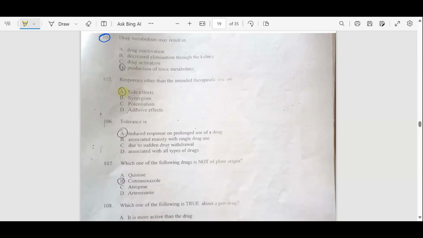For additive effects, anyone on additive effects? We are in number 105. Additive maybe means to add effects, like synergistic effect. For example, we can give antibiotics such as ampicillin combined with sulbactam.